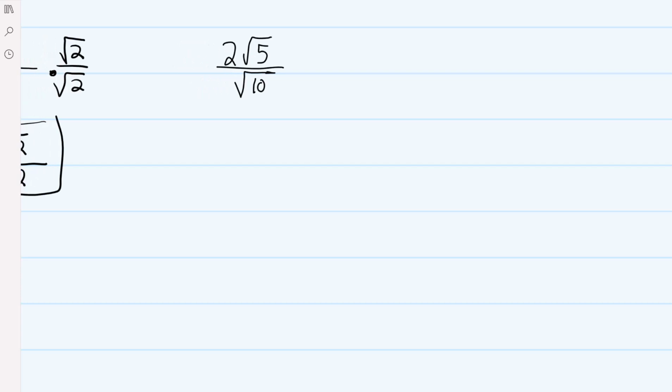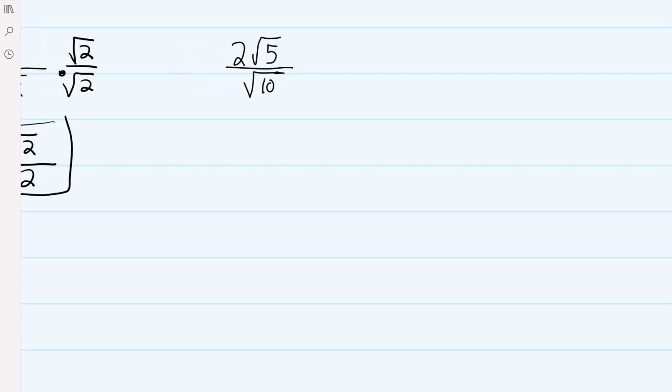All right? So now, before you get too eager to do this, I'm going to show you a trick, because sometimes those numbers can get big. Let's go ahead and rewrite 2 root 5 over root 10. Well, root 10 is the same thing as root 2 times root 5. And now look, the root 5's cancel.